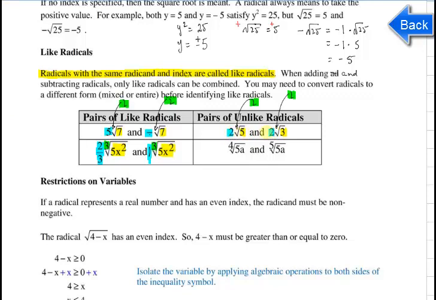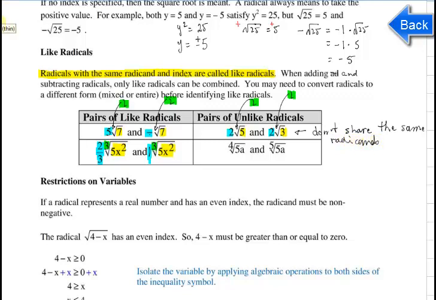Okay, but we consider them not like, even though they have the same coefficients, not that that would matter, and even though they have the same index, which would matter, they don't share the same radicand. And so these ones are not like because they don't share the same radicands.